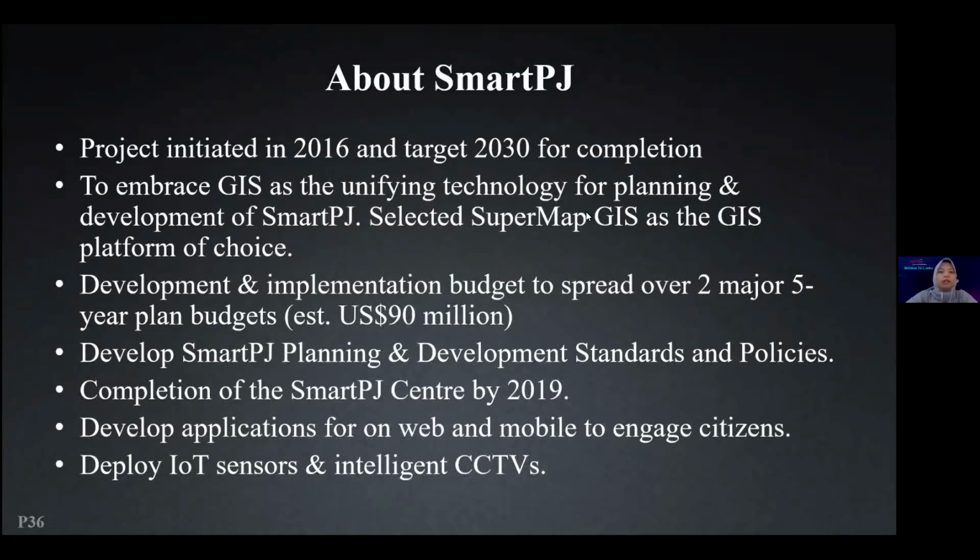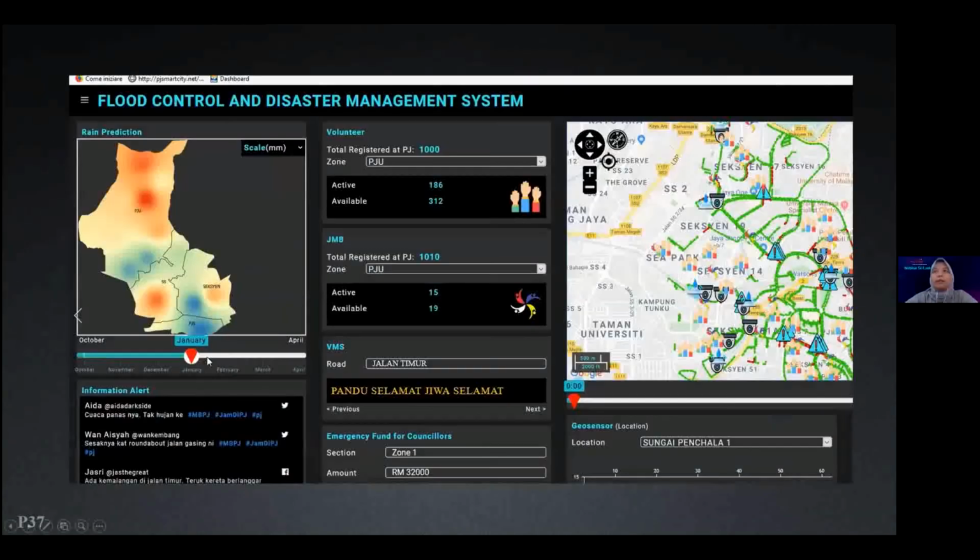There are a lot of applications in Smart PJ based on different industries, and one of them is flood control and disaster management. You can see that much data is displayed as maps, statistics, and charts.